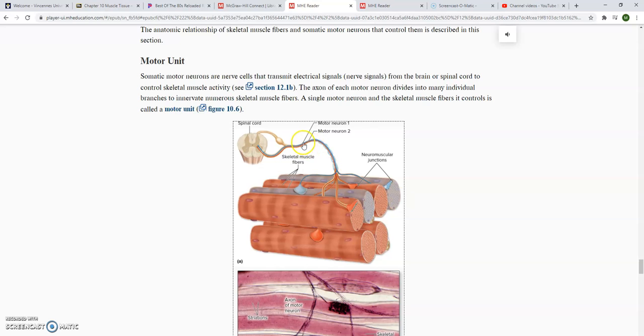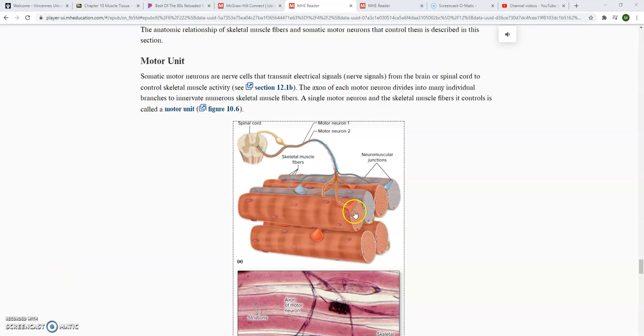So I think this motor neuron 1 is blue, so it's taking the signal to 2 of these skeletal muscle cells. And again, we're simplifying this. There'd be a lot more it would take a signal to, but we're showing it taking a nerve impulse to these particular skeletal muscle cells or fibers. And then the red one is taking a nerve impulse to these 4 skeletal muscle cells or fibers.